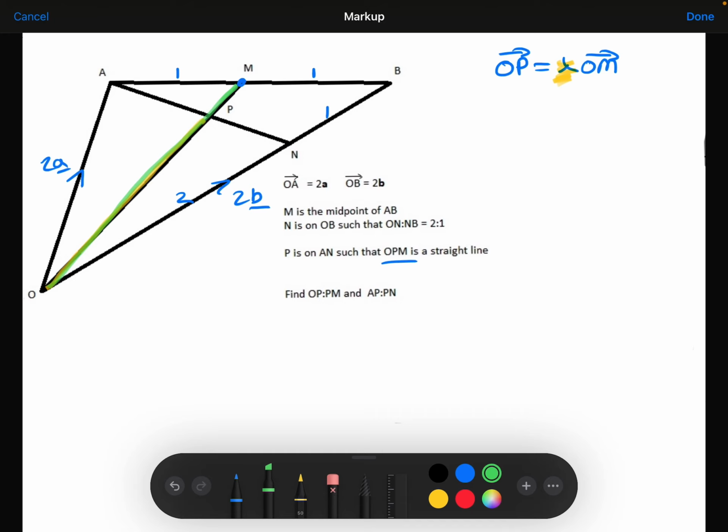But what I'm saying is the yellow line is some fraction of the green line. OP is some fraction of OM.